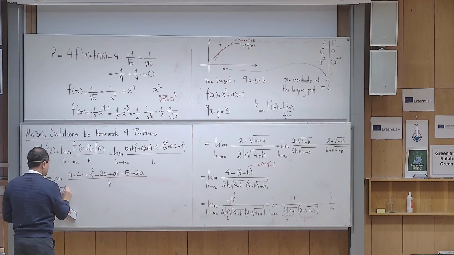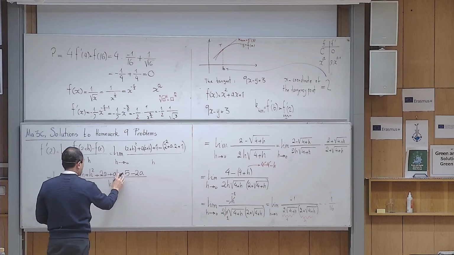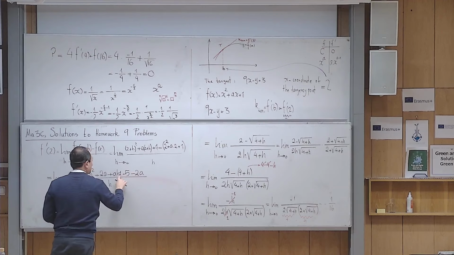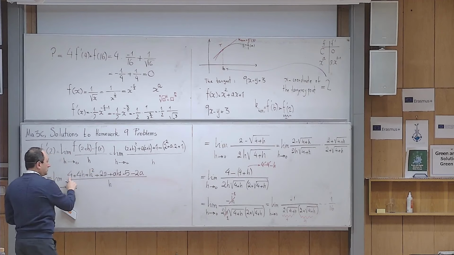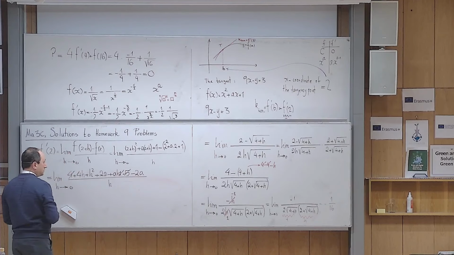h goes to 0. What can I simplify? 4 and 5. I missed something. You missed the ones. Yes, but I have to write it properly. So there is a 1 missing here. Sorry. So 4 plus 1, 5, minus 5, they are gone. Minus 1 in the end too.